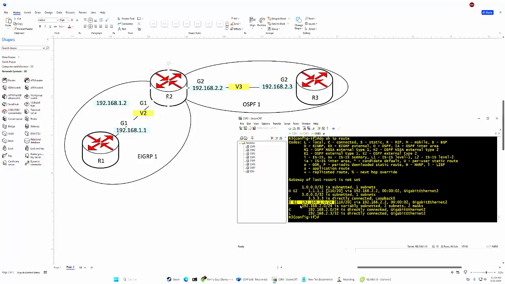The 1.0/24 is there as an E2 route, and so is 1.1.1.